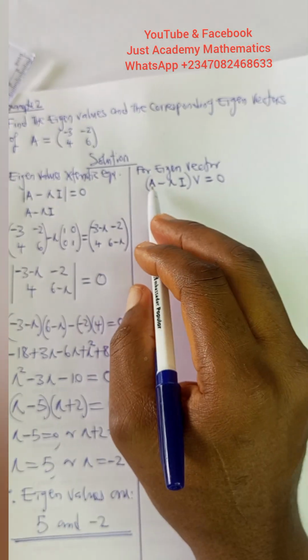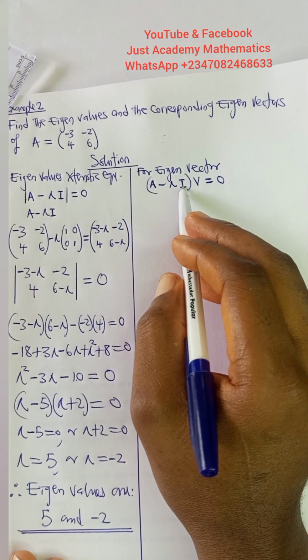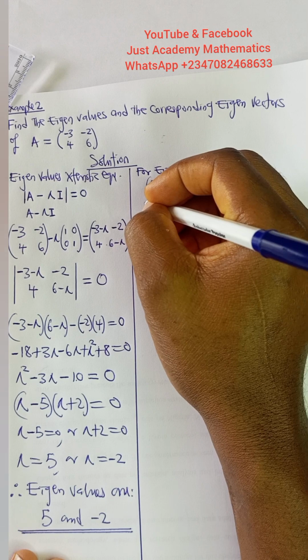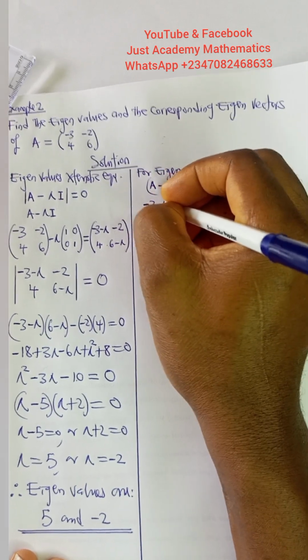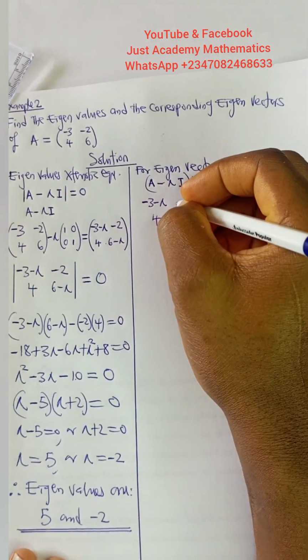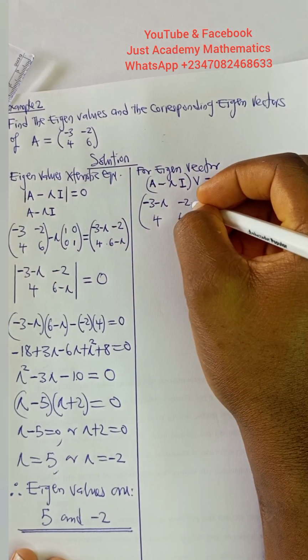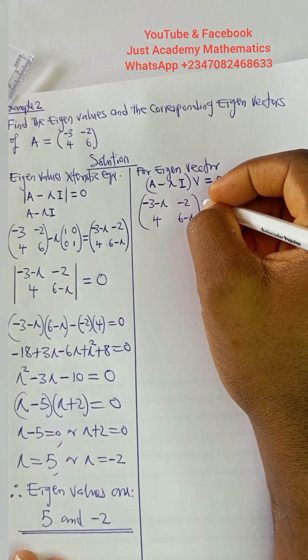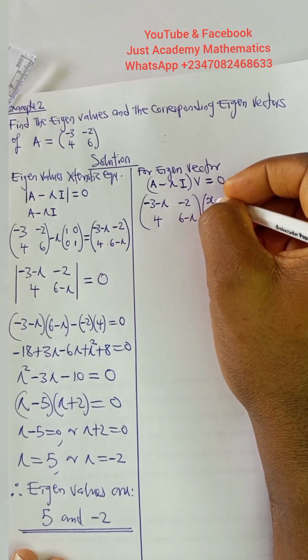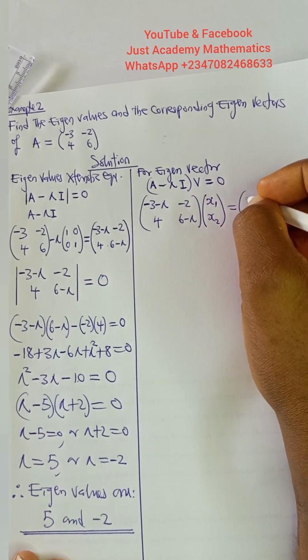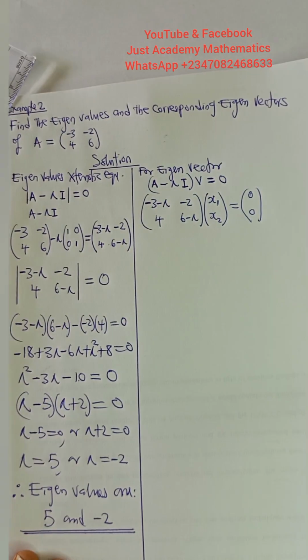So remember that this A minus lambda times identity is this here. So in other words, we are saying that (-3 - λ), 4, -2, (6 - λ), that is this times what? Vector. Let the vector be x1 and x2. Will always be equals to what? 0, 0.